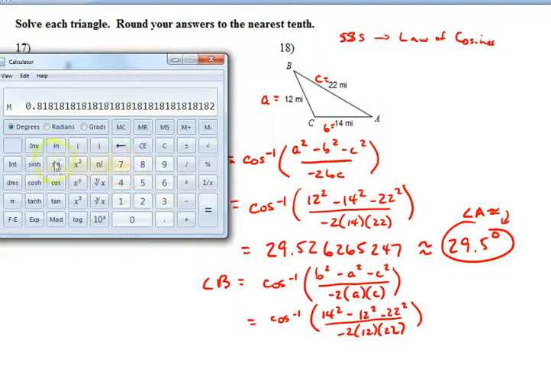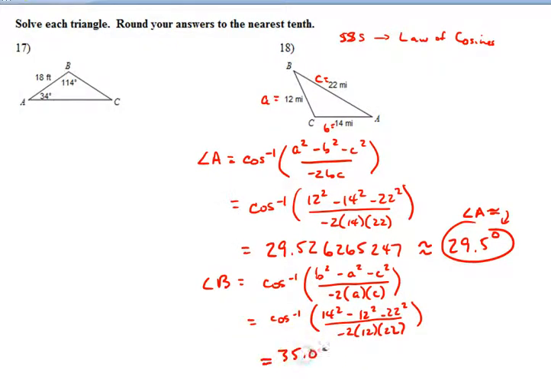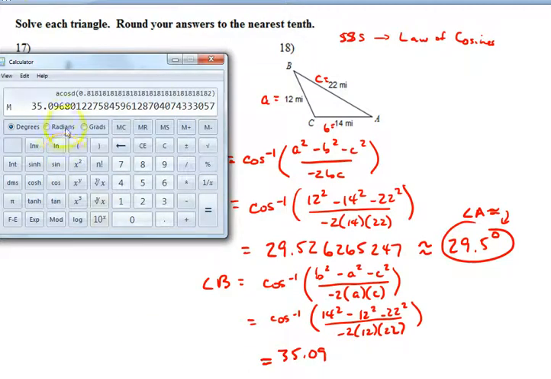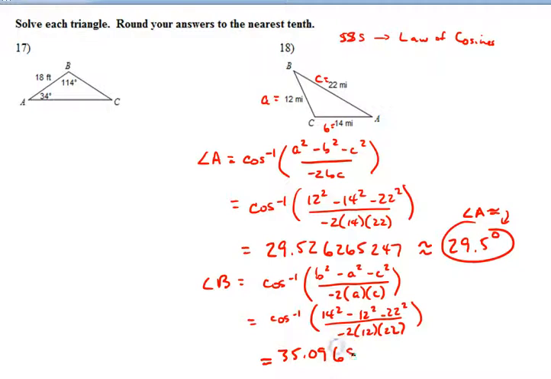Take the arc cosine of that. 35.09, 680122. To the nearest tenth, that is 35.1 degrees. That's angle B.